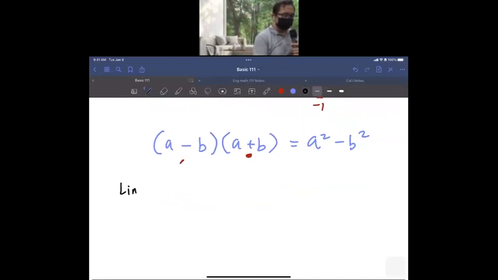Okay, now we have linear equation. This is when the degree of the terms is just 1. So I think not really having any problem.